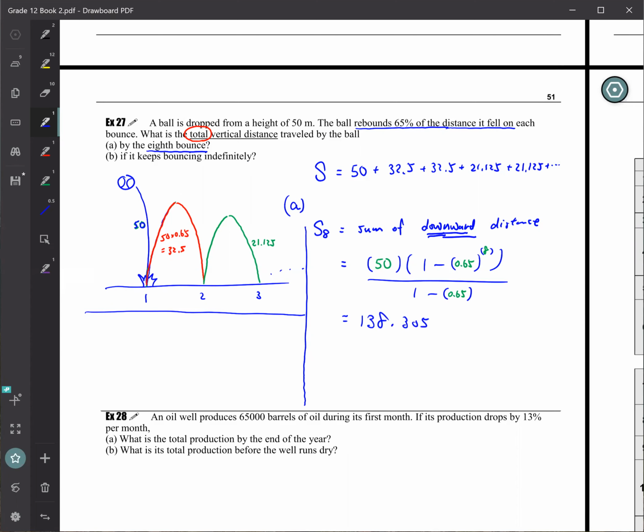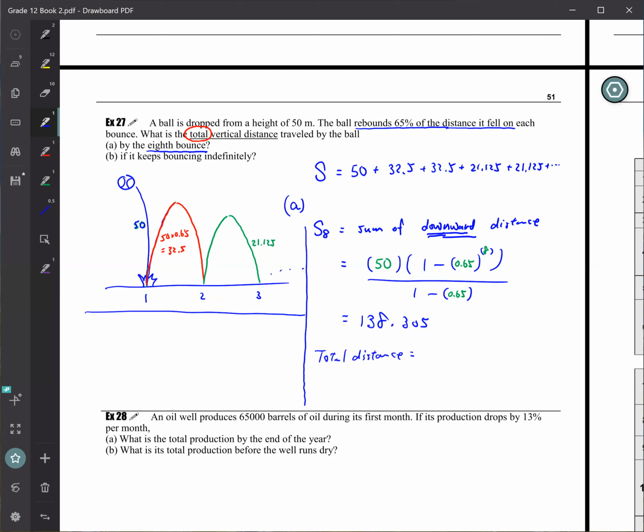Okay, so 138.305 is the sum of all the downwards only, right? But then we also have going up. So to get the total distance, what should we do with this number? Cindy, what do you think? Times 2.